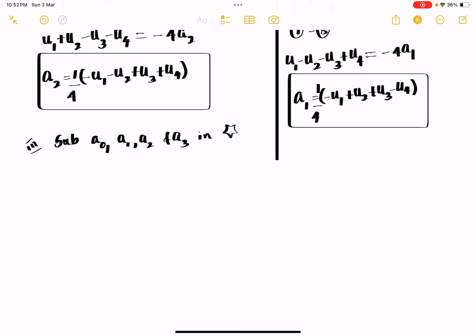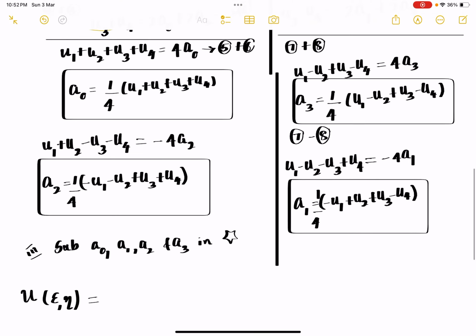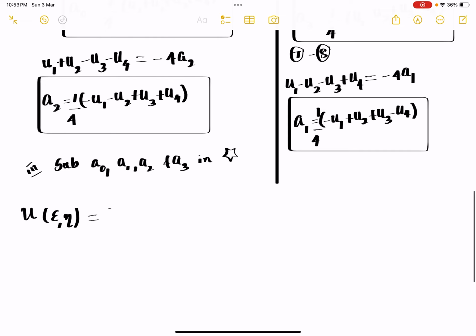Okay, good. So the star equation is saying u of epsilon comma eta is equal to A0. The value of A0 is 1 by 4 into u1 plus u2 plus u3 plus u4.